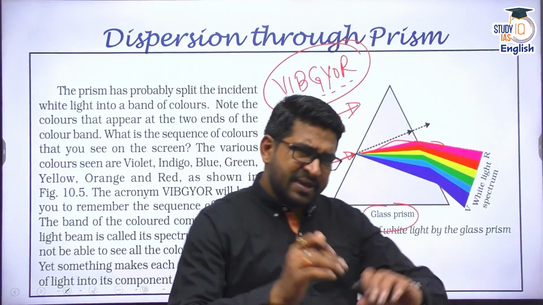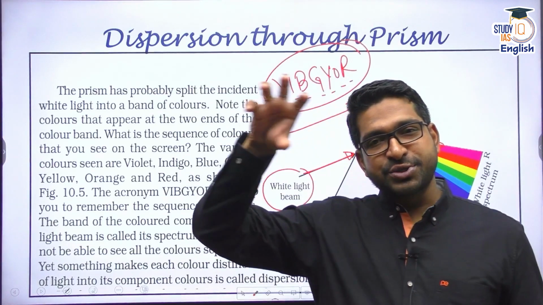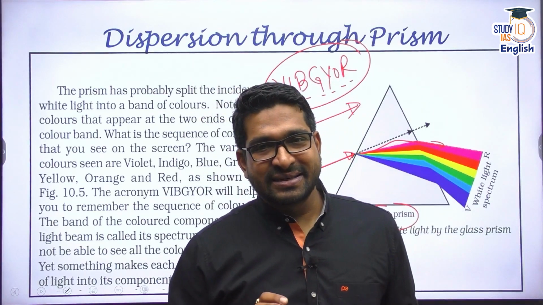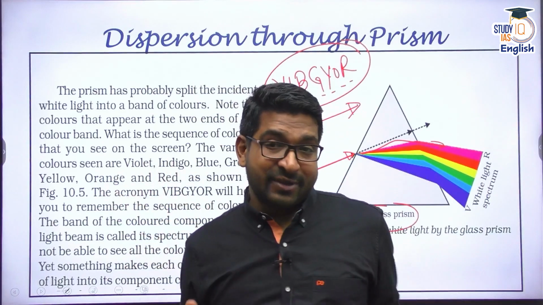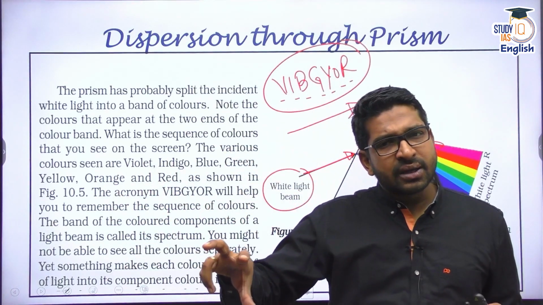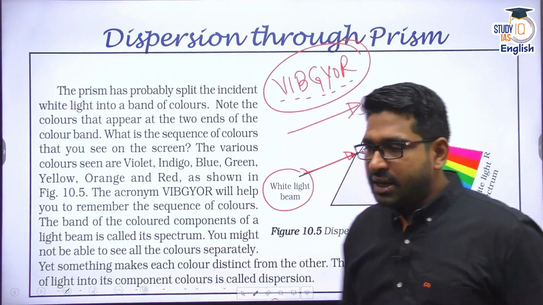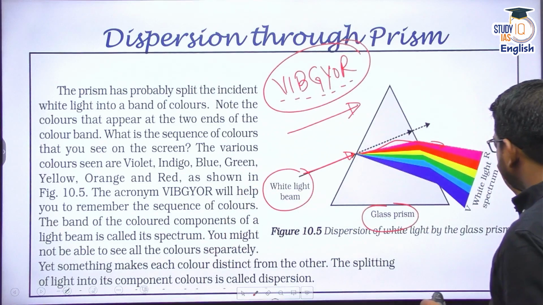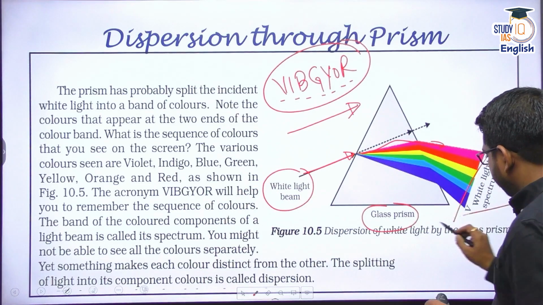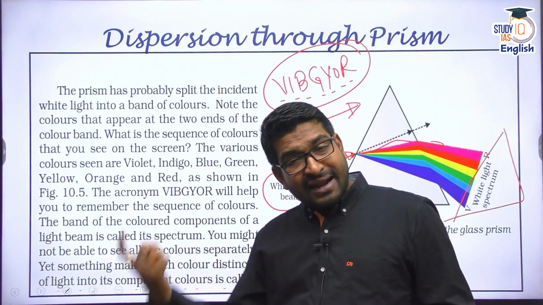Now, there were some experiments conducted. A prism can break white light into its constituents, the seven colors of the rainbow. Can we further break these lights? For instance, if I place another prism here, can I further check the constituents of red light as well?